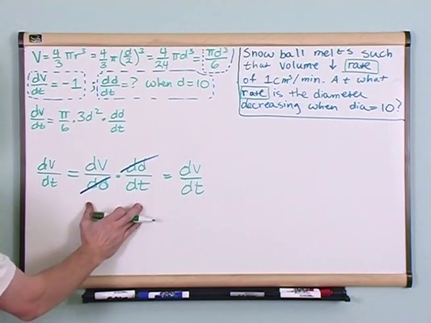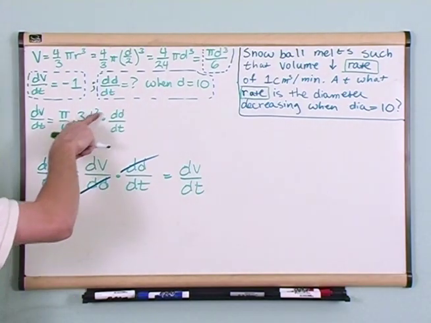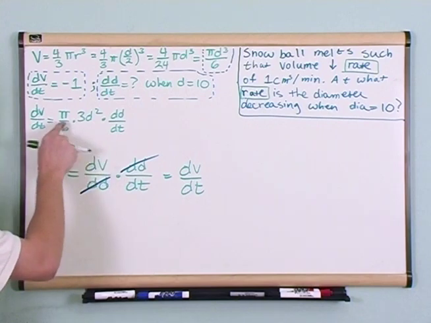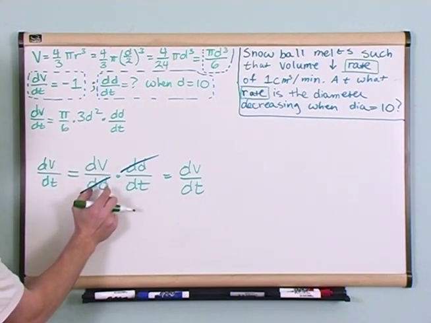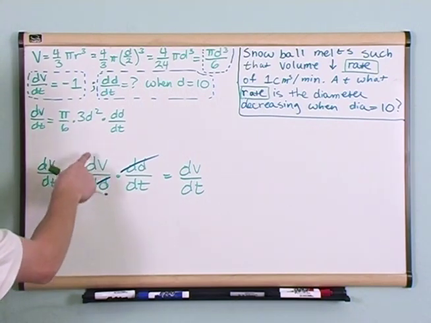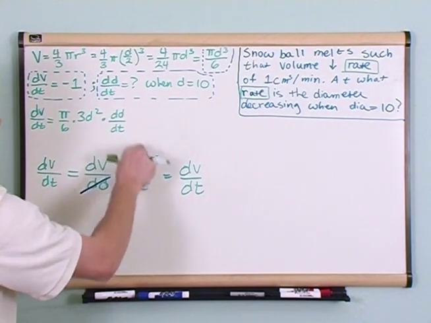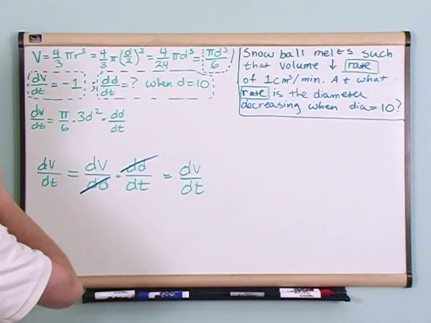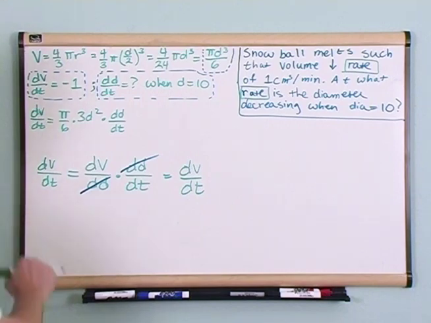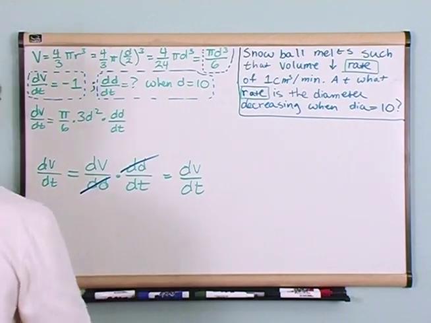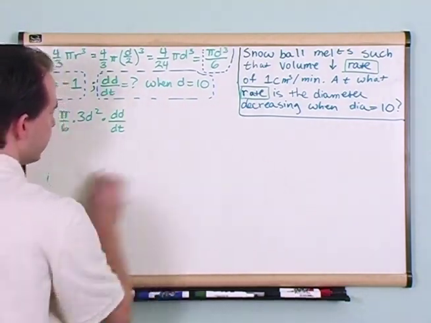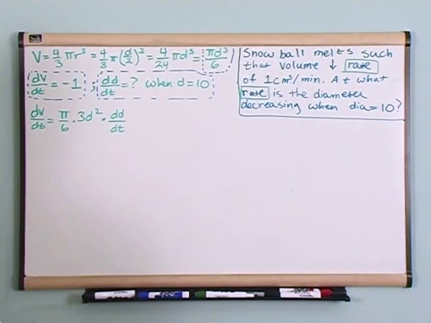This is really a better way to explain it. When you do this 3d squared business, what you're taking is the derivative of the volume with respect to the diameter. But that's not what you're trying to find. So you've got to multiply by dd dt so that in the end you get the derivative of the volume with respect to the time. So either way it helps you remember it. Go ahead and use that way. So let's proceed.